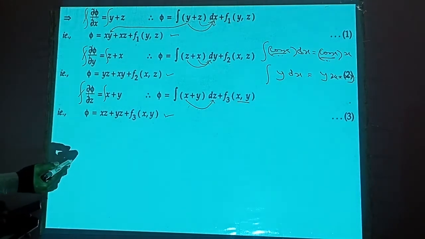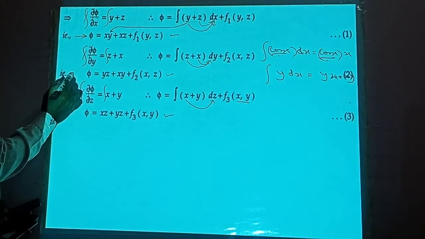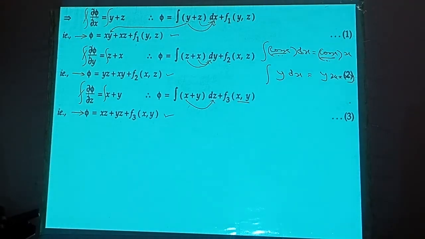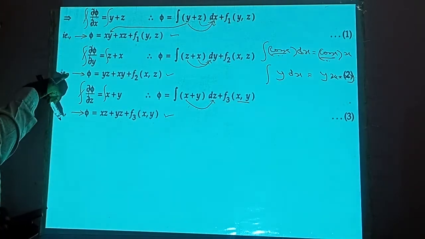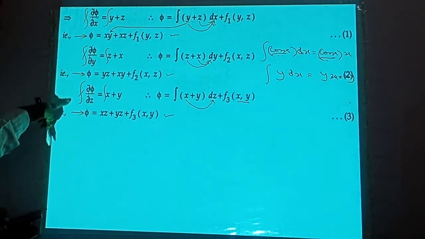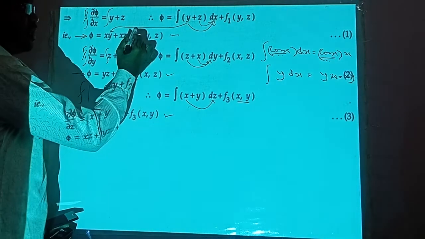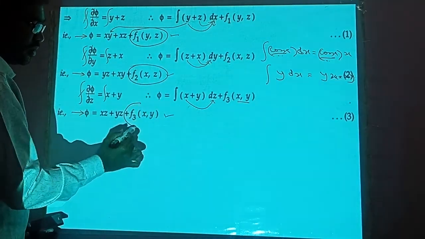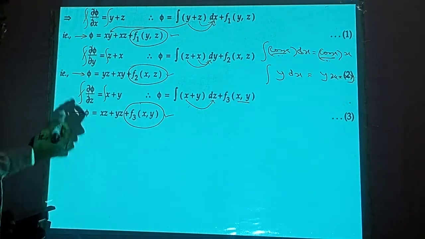Now let us simplify this. So we got three functions phi: 1, 2, and this is the other one, 3. We need to make all these phi values the same, that is, unique, with the help of these integration constants. Let us see how we make these phi's unique.